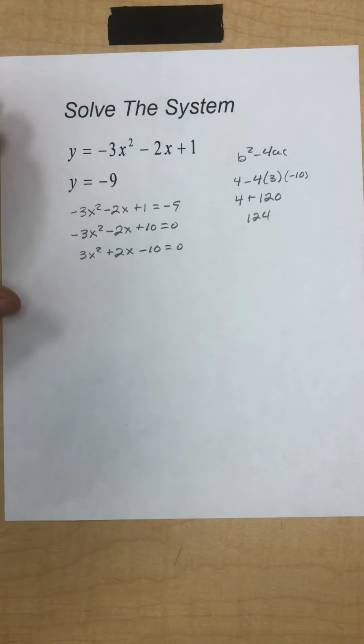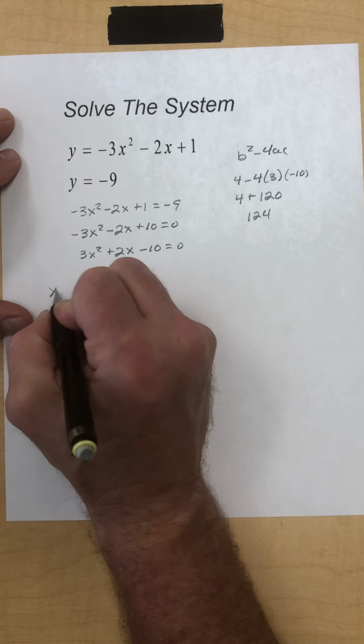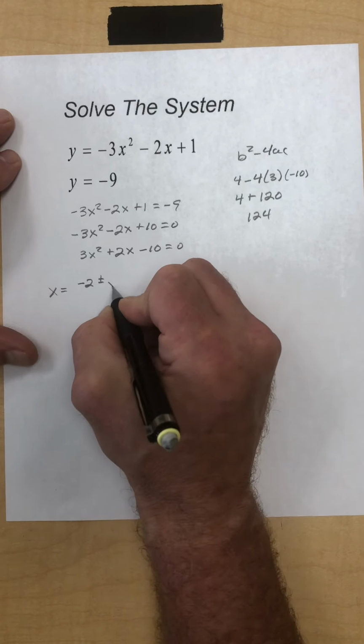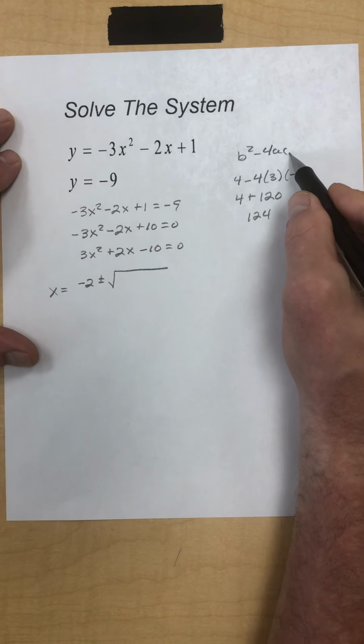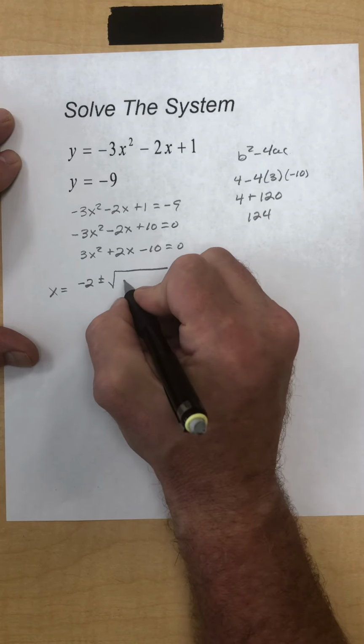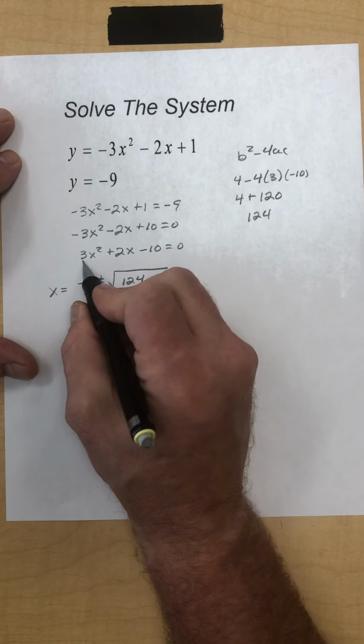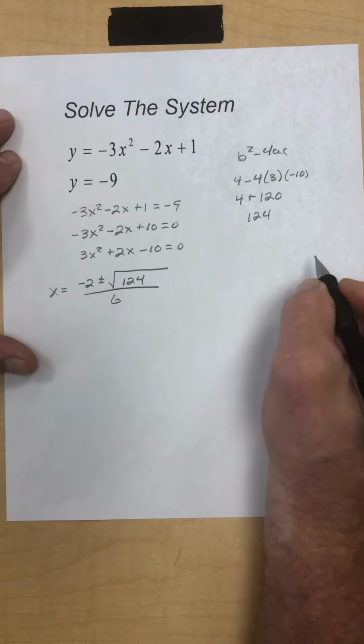So it doesn't factor. Okay, so let's see, x equals the opposite of b, negative 2, plus or minus the square root of b squared minus 4ac, which is 124, all over 2 times a, so that'd be 6.